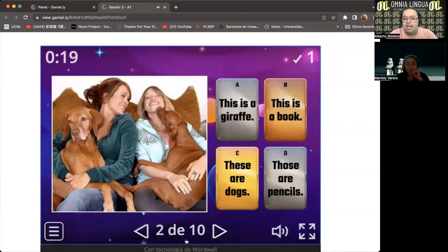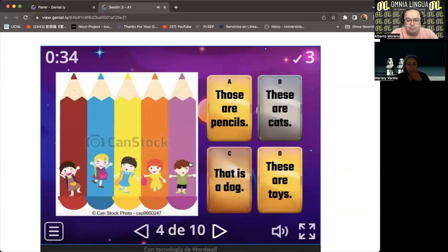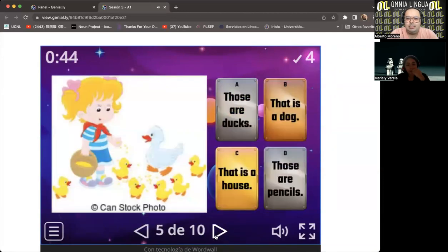These are dogs. Very good. That is a dog. Which is the right answer? Those are pencils. Okay, very good.